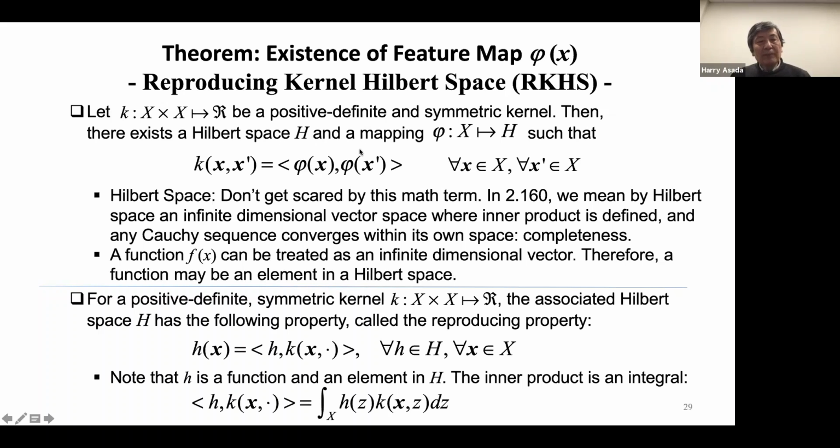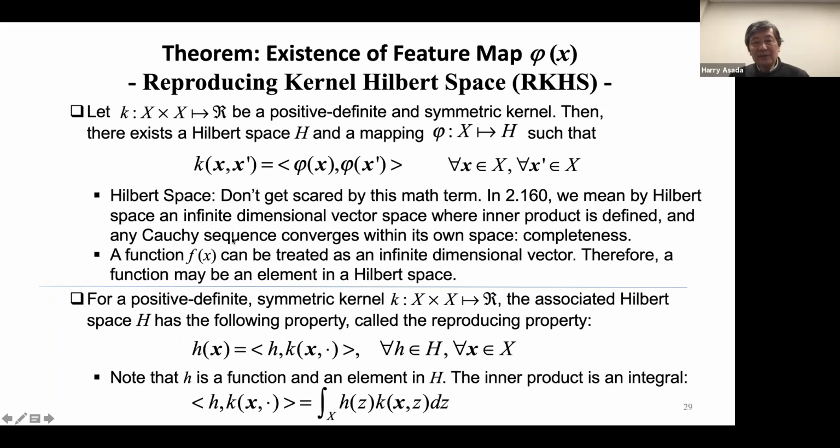Well, despite a very rigorous definition and mathematical treatment needed in some areas, in 2160 what we mean by Hilbert space is nothing but an infinite dimensional vector space where an inner product is defined. Inner product must exist in this space.